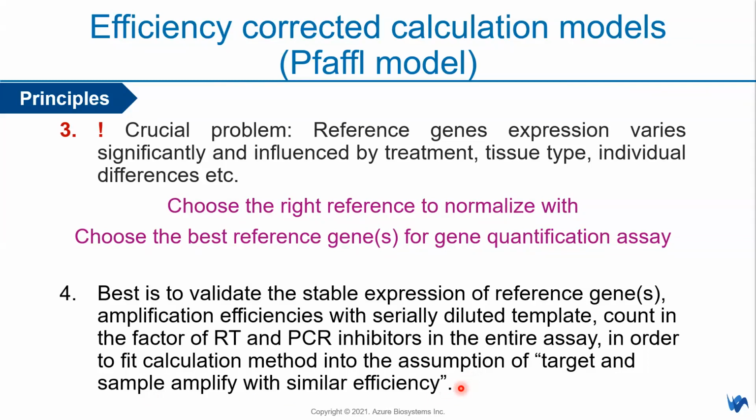Try to optimize it, design your primers, or change certain parameters or reagents to give the same, similar efficiency across the entire qPCR assay, different plates, different samples, control and treated, and so on and so forth, and also different sets of target genes and reference genes.